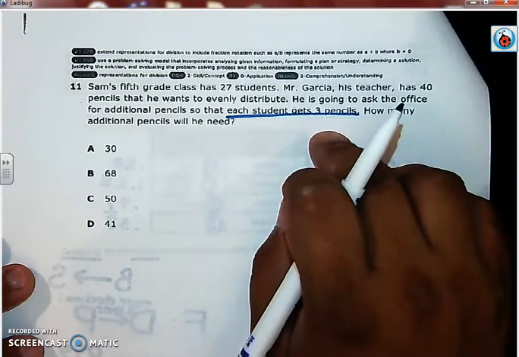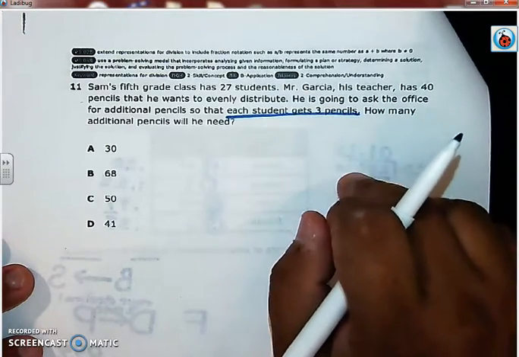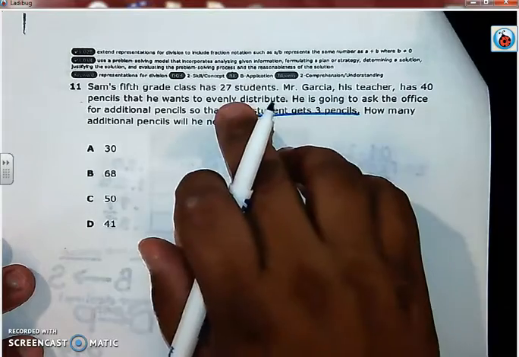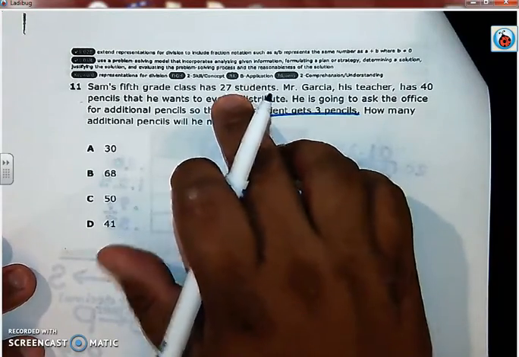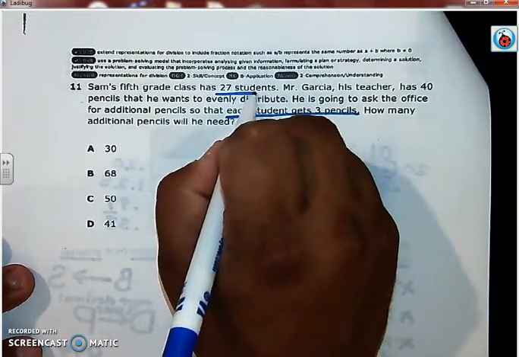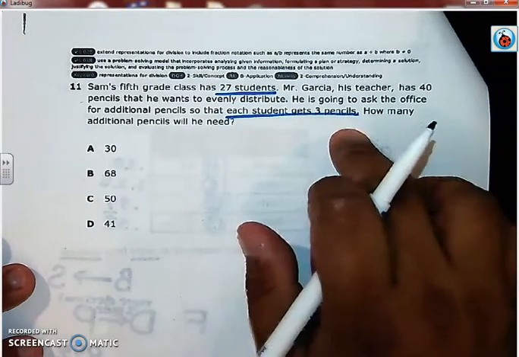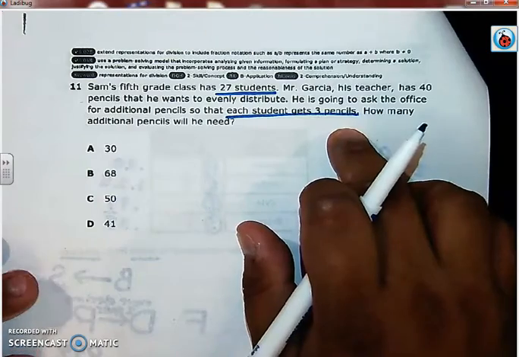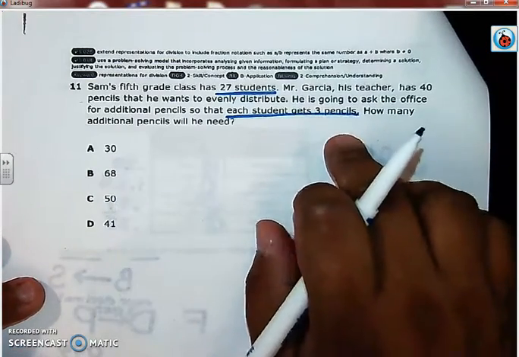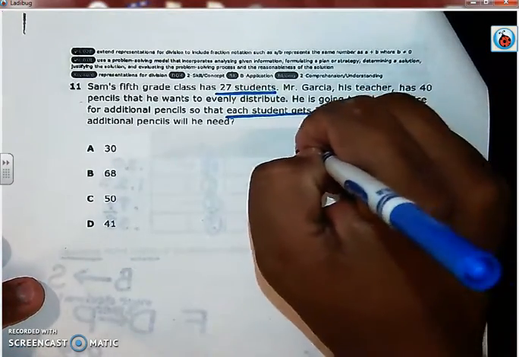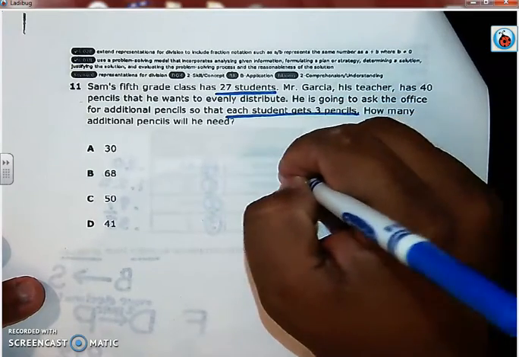So if we only knew how many total students he had, we do. It's 27. He has 27 students. He wants each student to get 3 pencils. So let's figure out the total number of pencils he needs. 27 students. Each one gets 3.